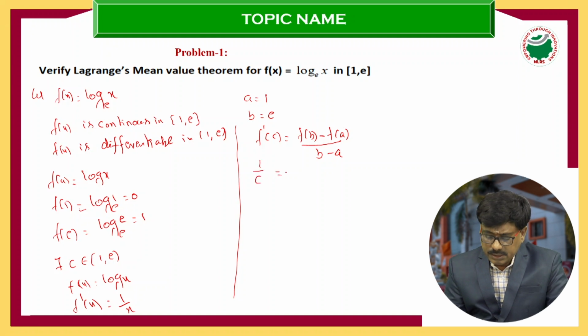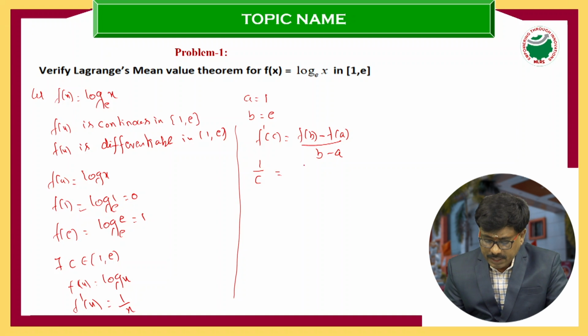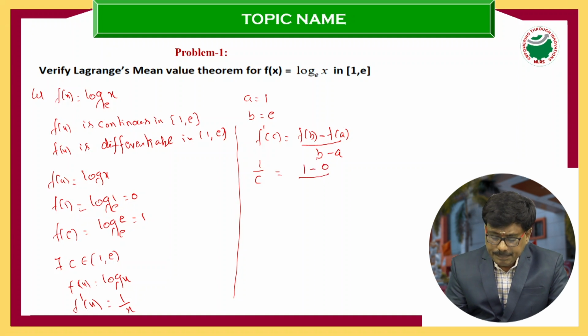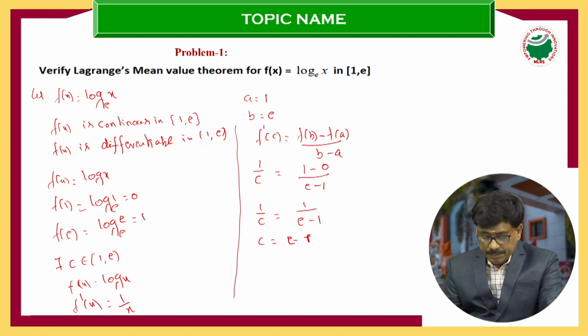So 1 by c is equal to f of b, which is 1, minus 0, divided by b minus a, where b is e and a is 1. If I simplify, 1 by c equal to 1 by e minus 1. If I cross multiply, c equal to e minus 1.